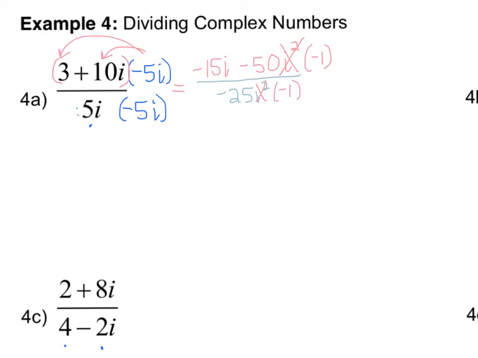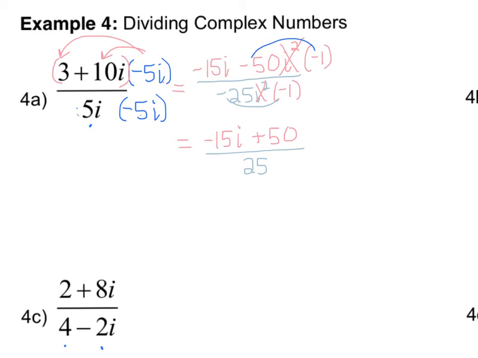Everything on top is going to turn into -15i, and then what's -50 times -1? That's going to turn into +50. On the bottom, we have -25 times -1. That turns into +25.